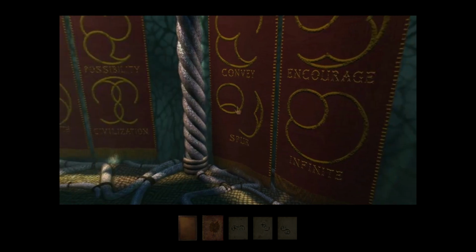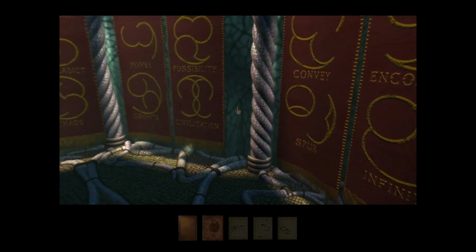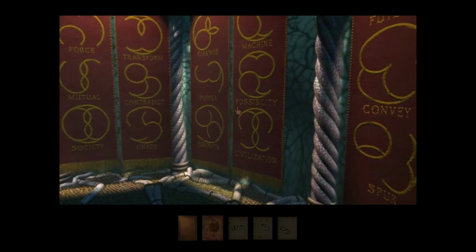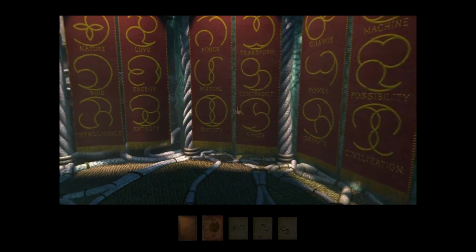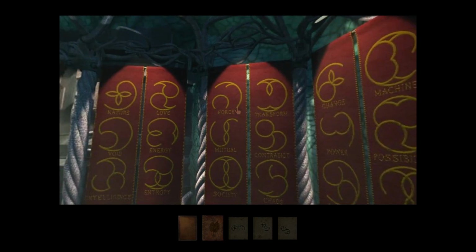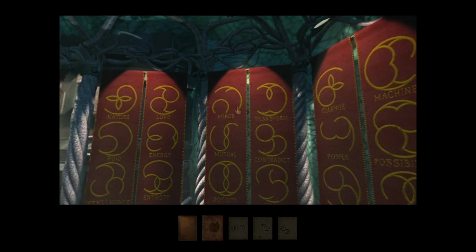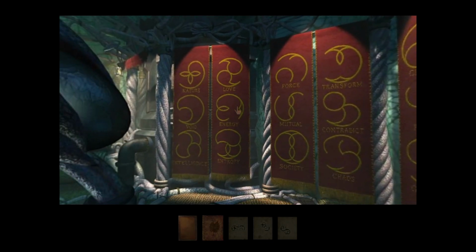Change cycle, future merge. We're looking for forces change. Forces change. Chaos, society, mutual. Ah, force. Hello. Dynamic forces spur change.